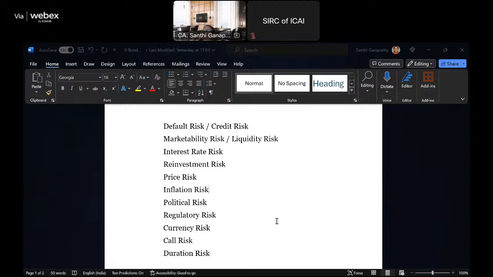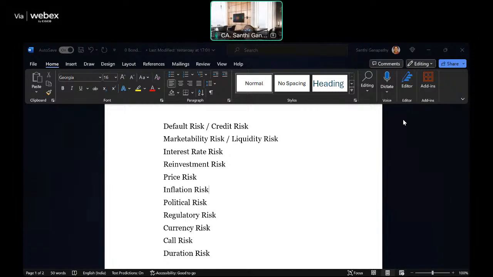Default risk or credit risk is the risk which we have because of the issuer. That is the interest payment and principal repayment as per schedule. That is what we see in this.